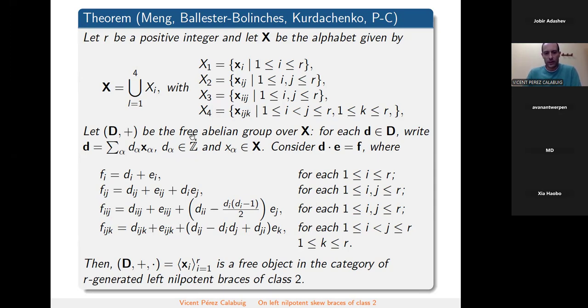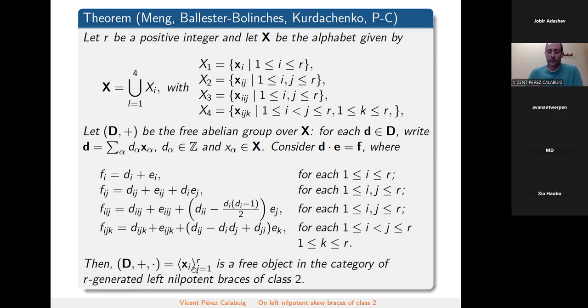So if we consider this free abelian group over this alphabet, then it is possible to define a product also in this free abelian group. This product is described in terms of the components of the elements appearing in this alphabet, and therefore we obtain that this skew brace is an r-generated brace generated by the elements x1 to xr.